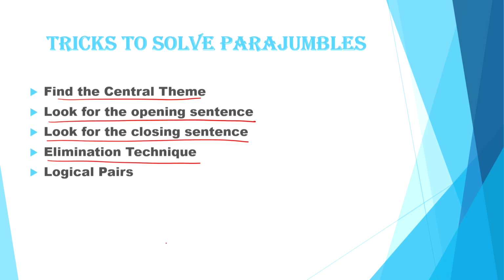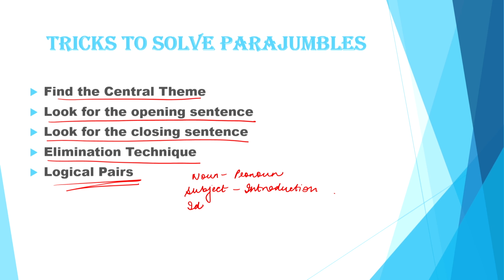Now, next is logical pairs. Look for sentences which make a logical or mandatory pair like noun pronoun. We already discussed it. Next, subject introduction. Subject and its introduction basically go hand in hand. Hence, they will form a mandatory pair.